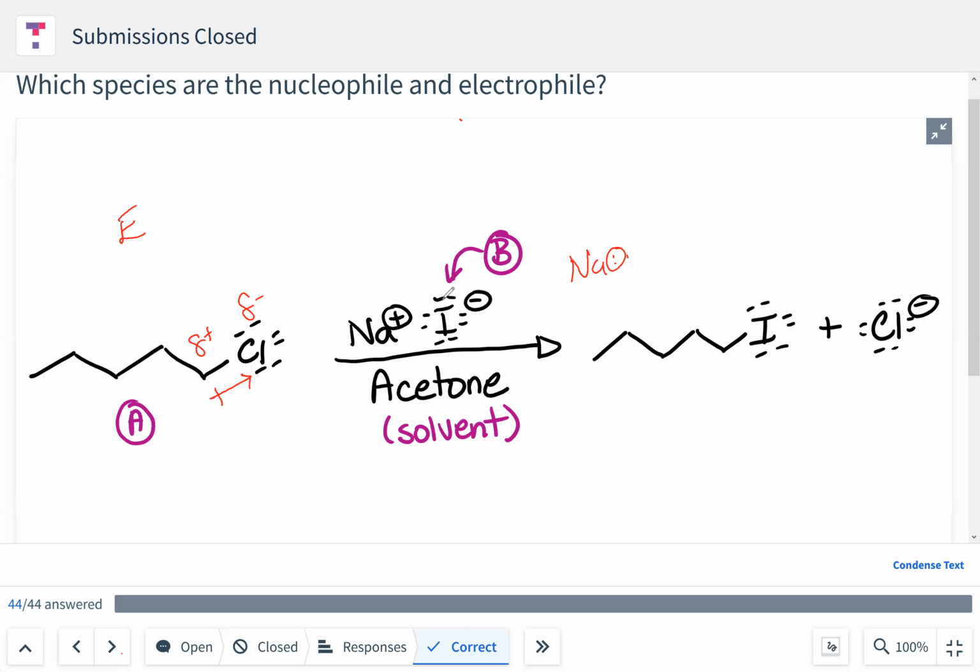And iodide has got exactly that. So if we were to connect the dots here, these electrons would attack this carbon, and because we're putting electron density into that sigma bond, we're breaking the carbon-chlorine bond. So those electrons are going to move on to the chlorine to become chloride, and this will be our leaving group over here.